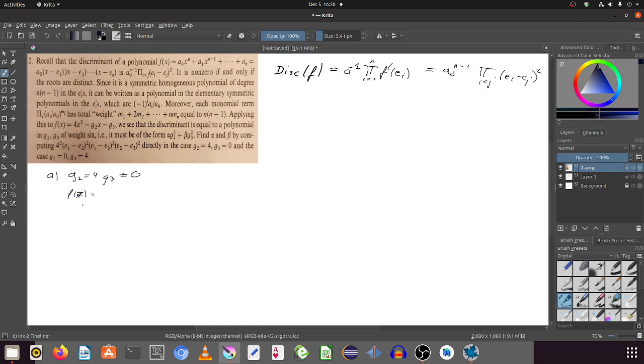Oh, it's X. So we have the roots plus minus 1 and naught.